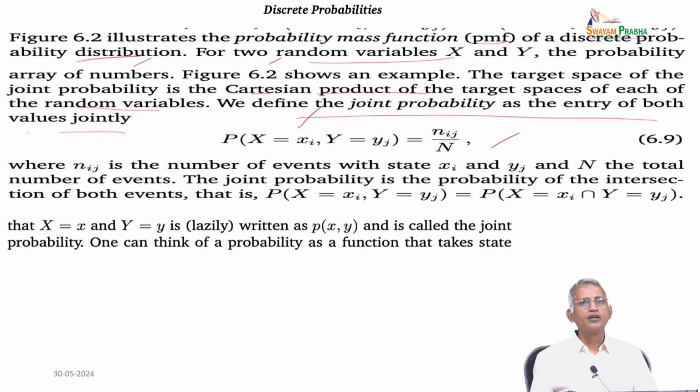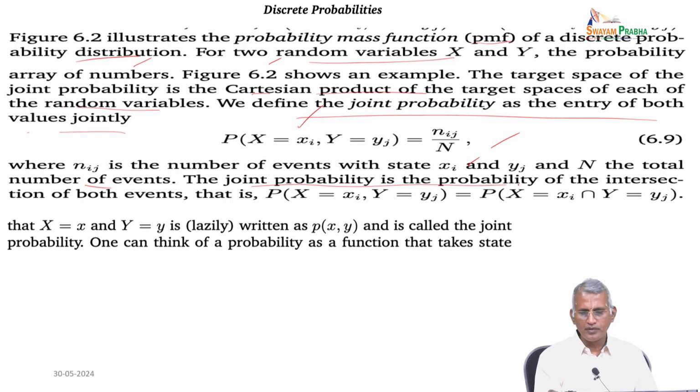It means jointly we have to distribute x as well as y. So x and y are two random variables that we use at a time, and here nij stands for the number of events with the state xi and yj, and n is the total number of events.